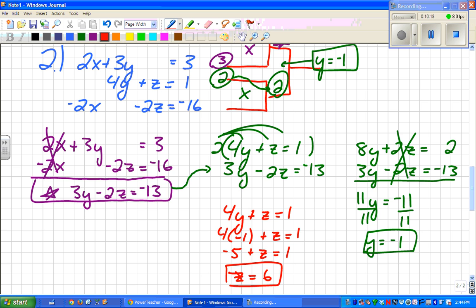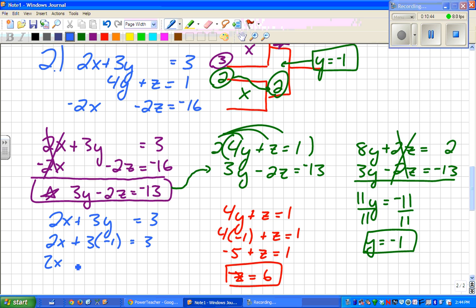And now to finish this, I still need to find x. So when I go back to one of the originals, I can pick 1 or I can pick 3. I can't pick number 2 to find x because the second equation doesn't have x. So why don't I pick like the first equation? 2x plus 3y equals 3. Okay, I'm trying to find x, and I know that y is negative 1.